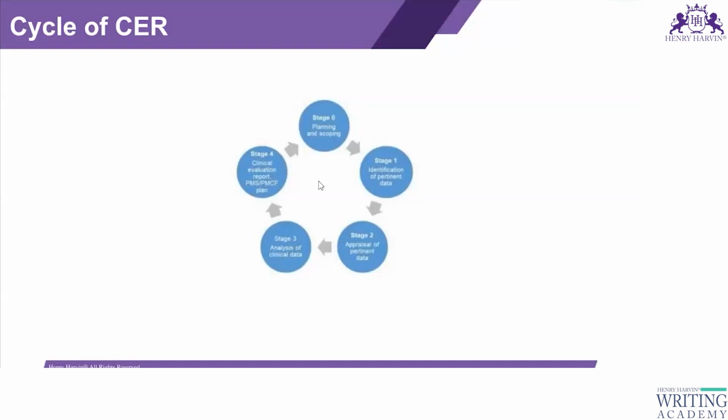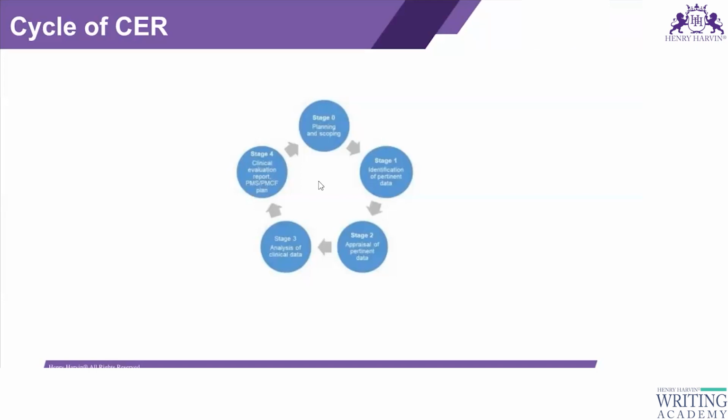Then stage 2 is appraisal of pertinent data. Appraisal means the quality assessment of the data which is identified from various sources. Then stage 3 is analysis of clinical data: the clinical data which is collected is analyzed. And then stage 4 is the clinical evaluation report or post-marketing study plan.